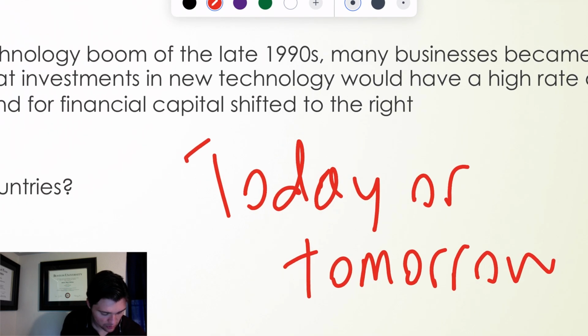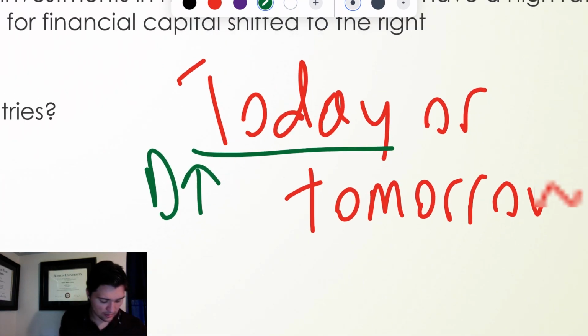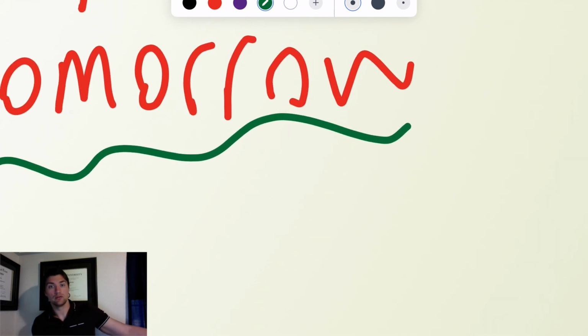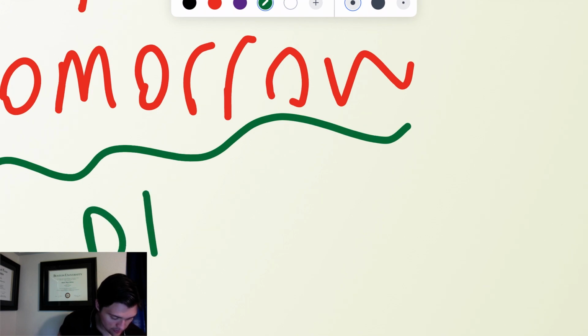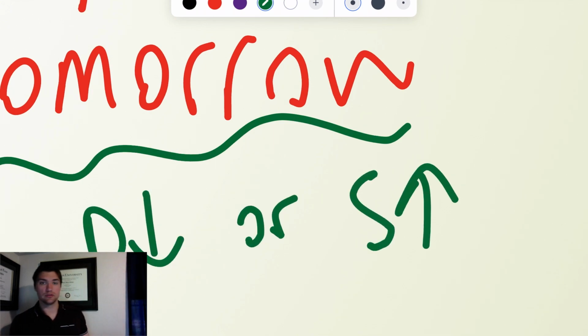If you want your money today, so you can use it for something, then you're going to demand more today. If you would rather have the money tomorrow, which means you're saving today, that would mean either demand goes down or supply goes up. So depending on the situation.